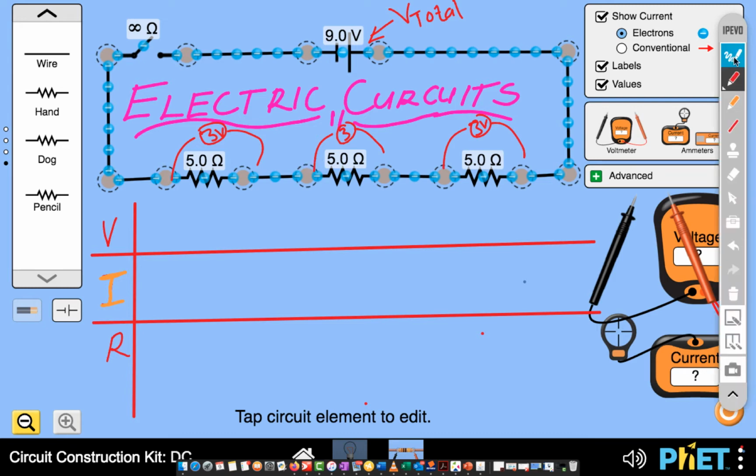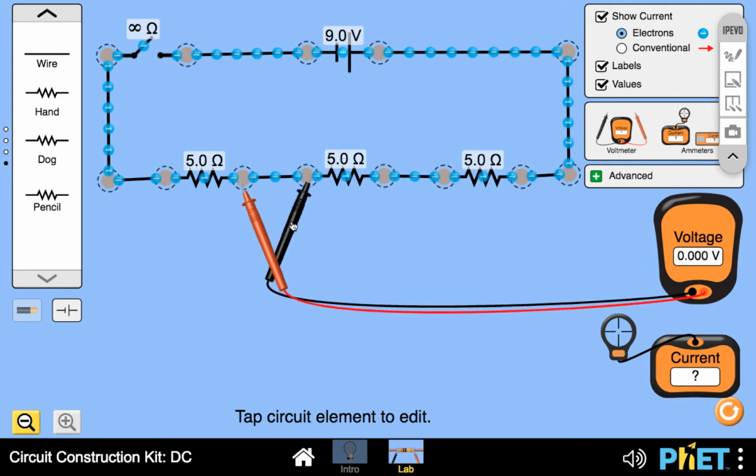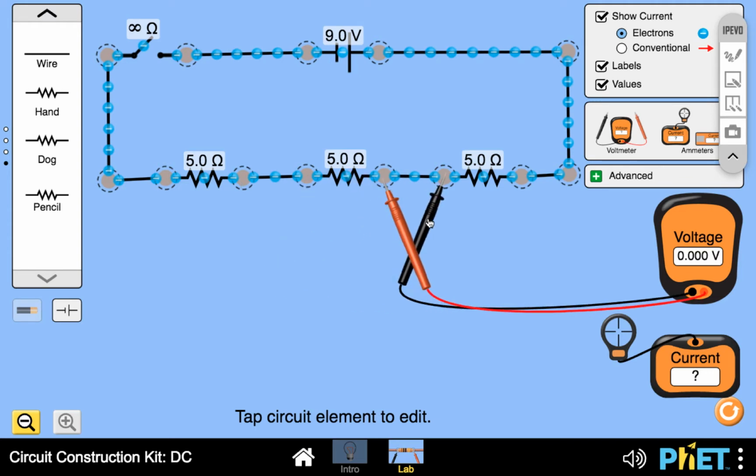Let me measure the readings. For the first resistor on the left, our voltage is 0, no reading. The second resistor, our reading is 0. And the third resistor, our reading is also 0.